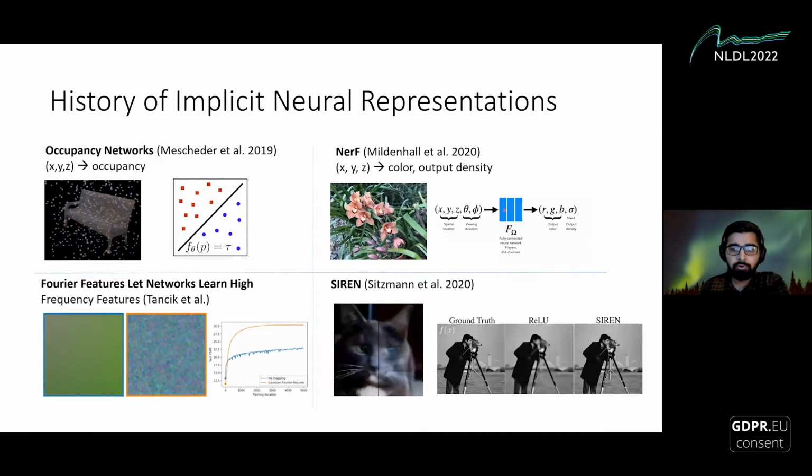I will now provide a brief history of implicit neural representations and related works that led up to our work. We start with occupancy networks, a new representation for learning-based 3D reconstruction methods. Occupancy network implicitly represents the 3D surface as the continuous decision boundary of a deep neural network classifier.